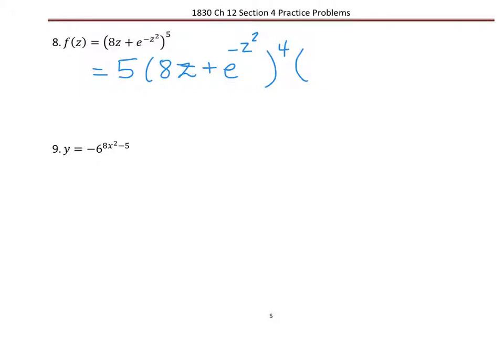And then we would need to take the derivative of what's inside the parentheses. The derivative of 8z is 8.